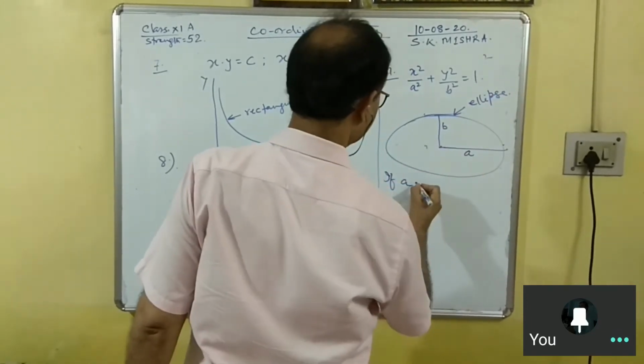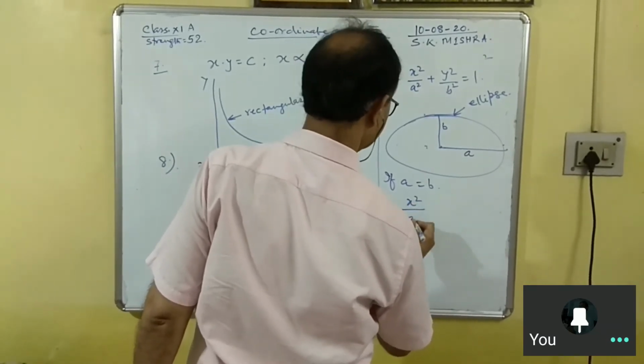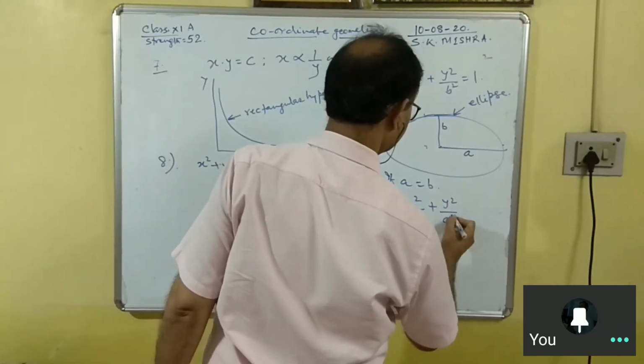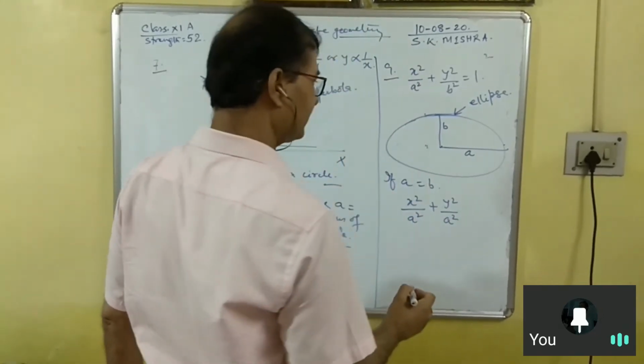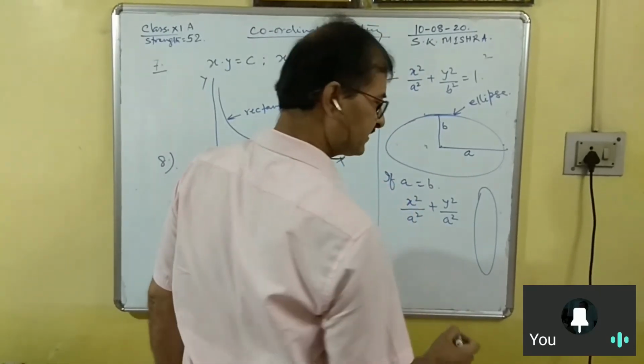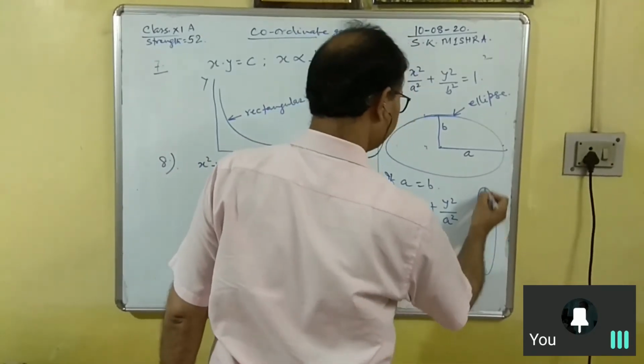This is the equation of an ellipse. Now if the ellipse is vertical, then again the two radii will be different.